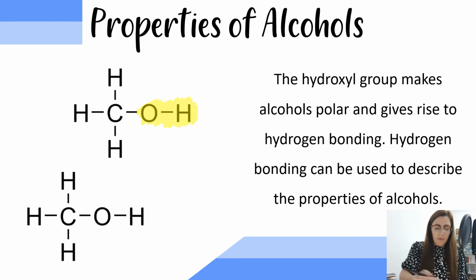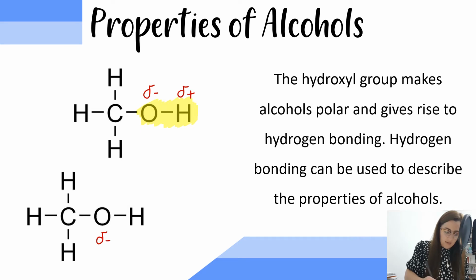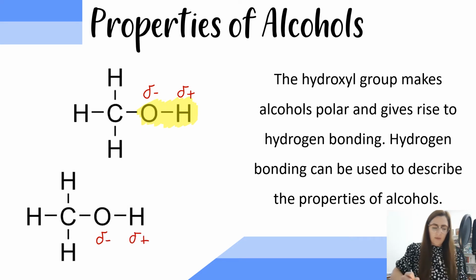So, for example, we know from Unit 1 that this bond between your hydrogen and our oxygen is a polar bond, where oxygen is delta negative and hydrogen is delta positive. Because that group is very electronegative, and the electrons will be lying much closer to the oxygen than they are to the hydrogen, they are put into the very strong intermolecular bonding category, hydrogen bonding.